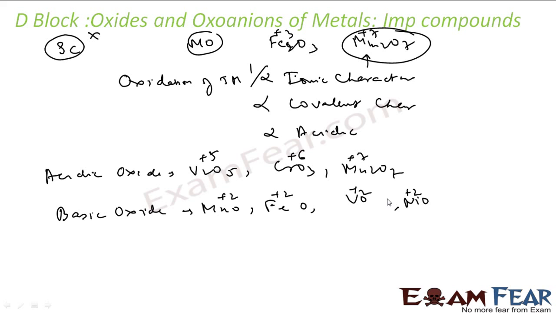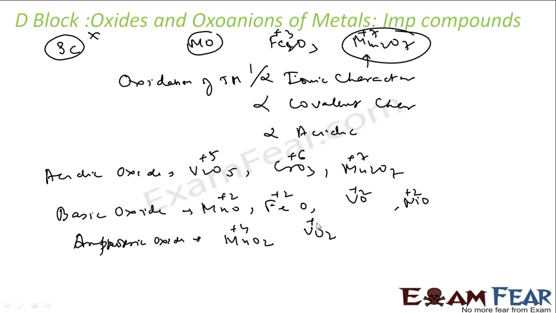Amphoteric oxides have not very high, not very low oxidation number. For example, MnO2 +4, VO2 +4, and CuO is +2. So these are the ones which are amphoteric.